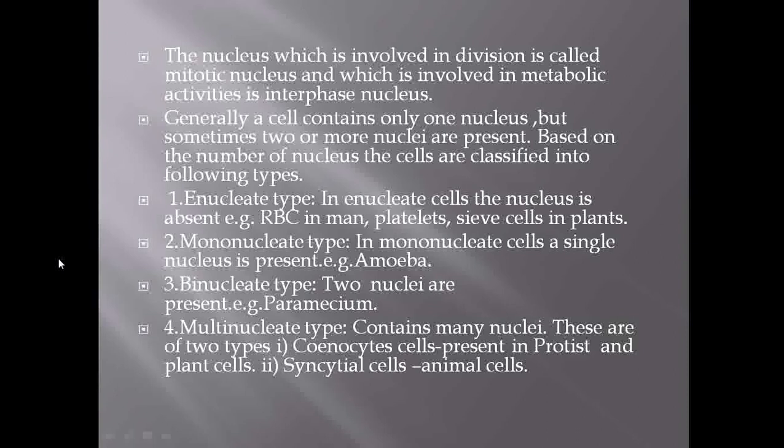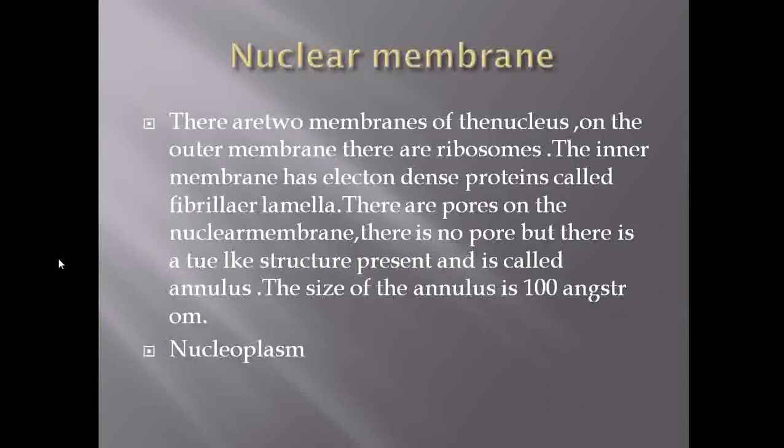So in short, multinucleate cells in plants are coenocytes, and multinucleate cells in animals are called syncytial cells.